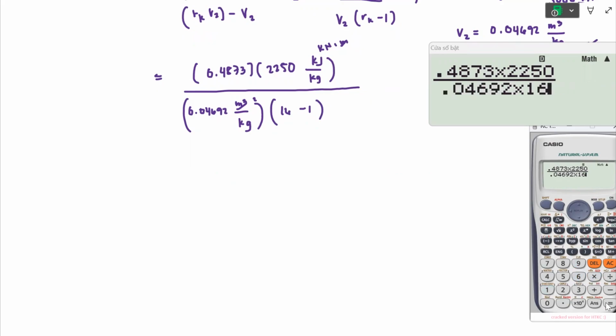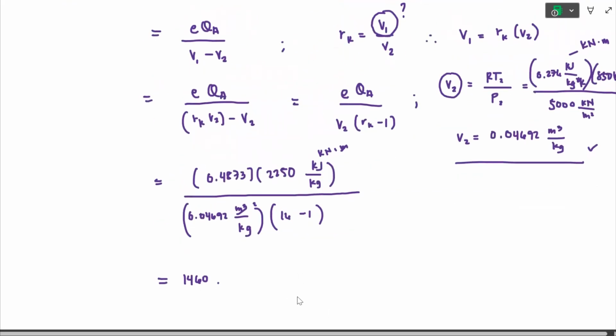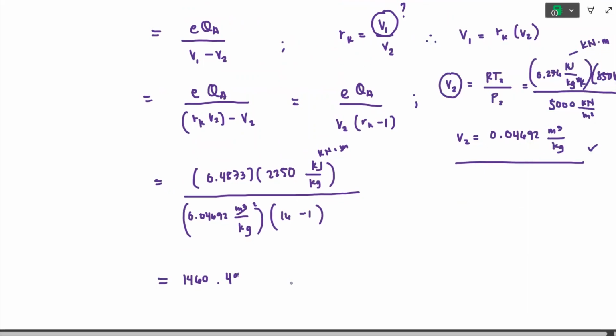Dapat mas mataas siya kaysa sa 0.1. So, this is 1460 kilonewton meter squared. That is kPa. 1479 kPa. Okay, basic na naman yan. Okay?